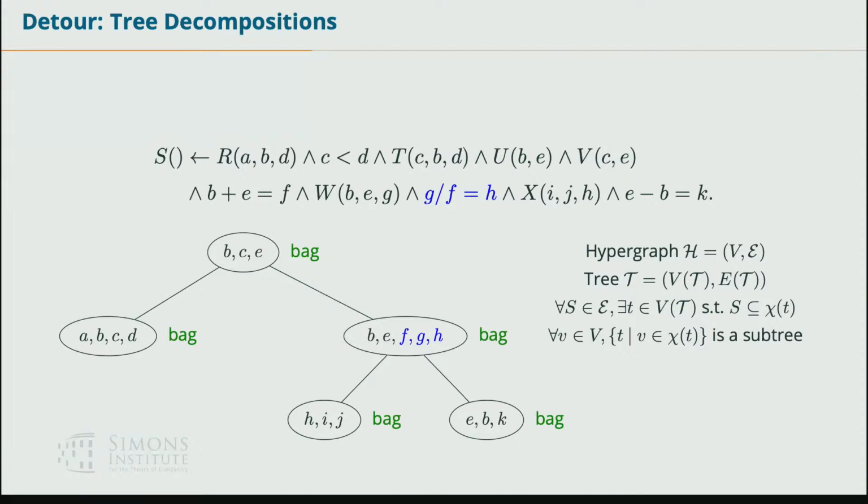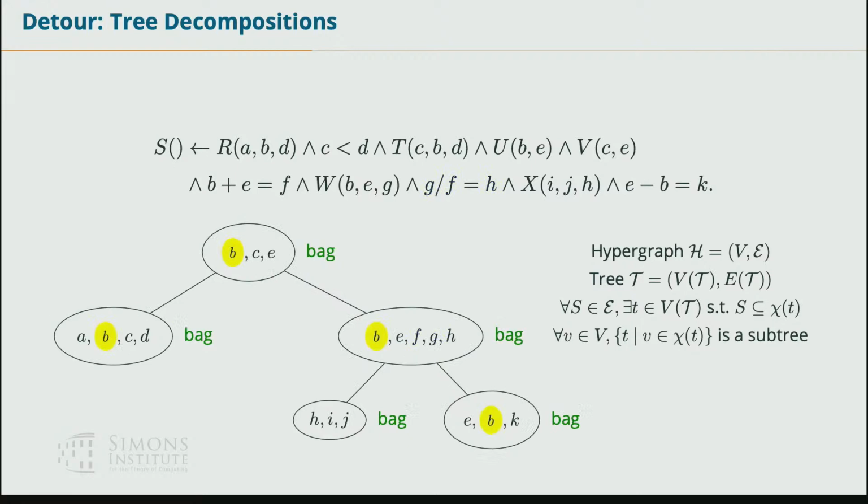So that's a containment property. The second property is that if we single out any variable, like B, for example, and you look at all of the bags of which B is a part, then that has to form a subtree. So it has to be connected inside. Those are the two main properties.